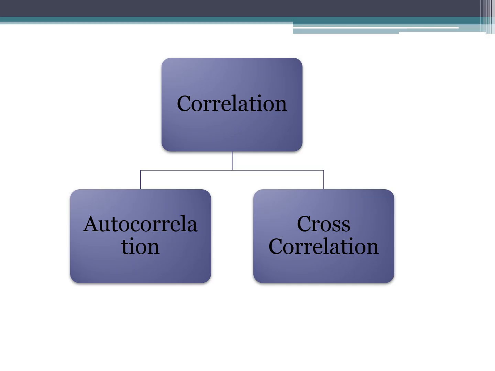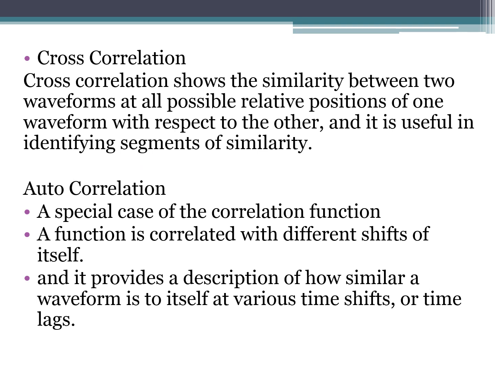Based on the availability of the reference signal, there are two types of correlation. First is autocorrelation and second is cross correlation. When we want to compare one signal with another signal, we do cross correlation. Cross correlation basically shows the similarity between two waveforms at all possible relative positions of one waveform with respect to the other waveform.